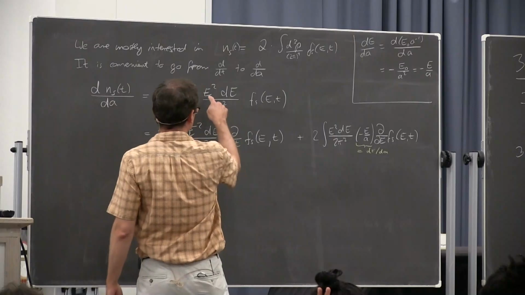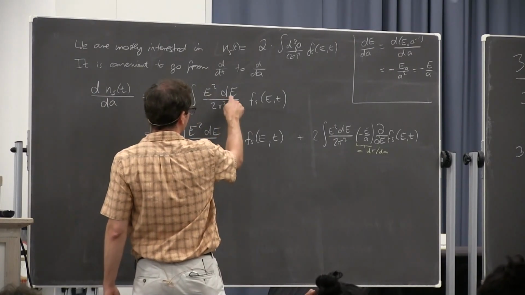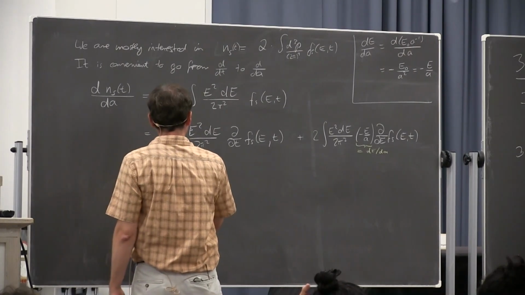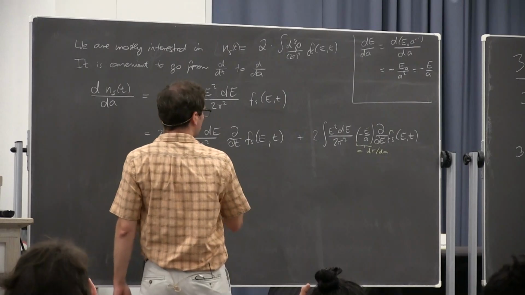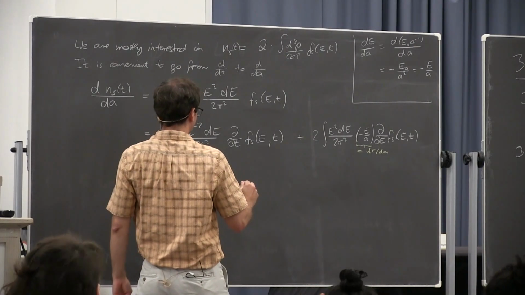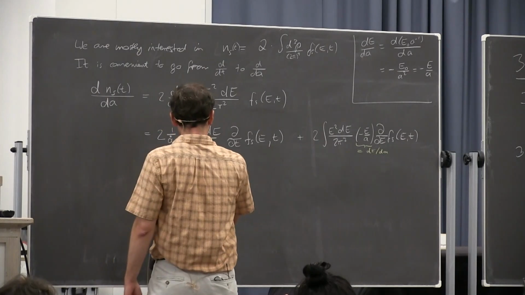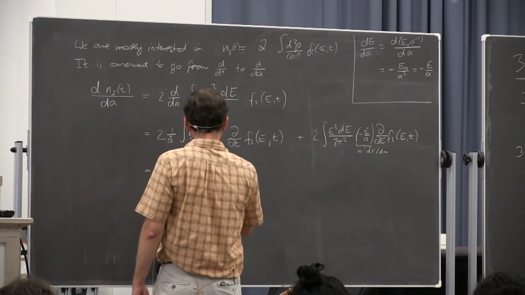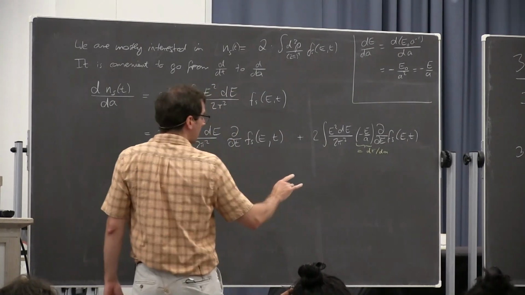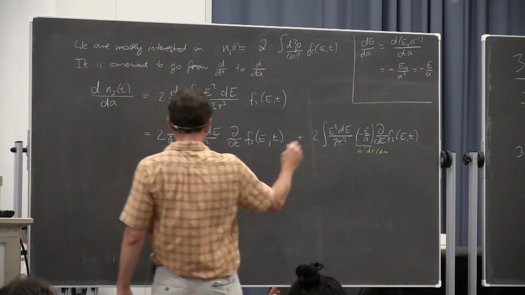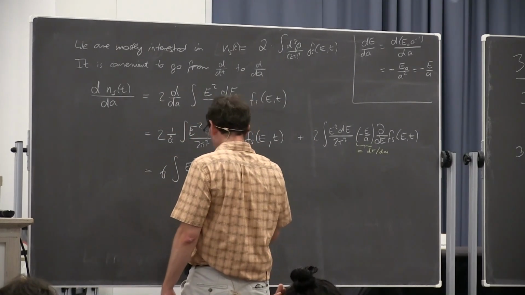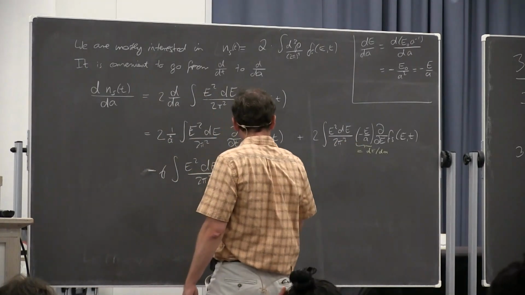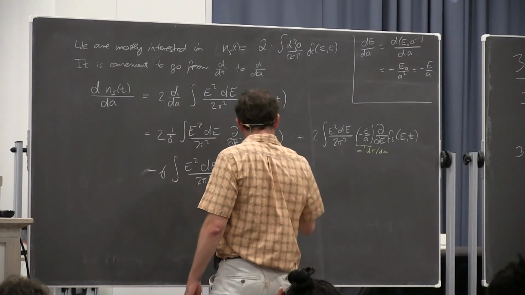So I get a factor of 6 because there's 3 such factors, one factor of E square and one factor of E. So I have a 6 times the integral E square dE divided by 2 pi square times 1 over A. I also get a minus sign in the same way as here, and the fs of E comma t is unaffected this time.